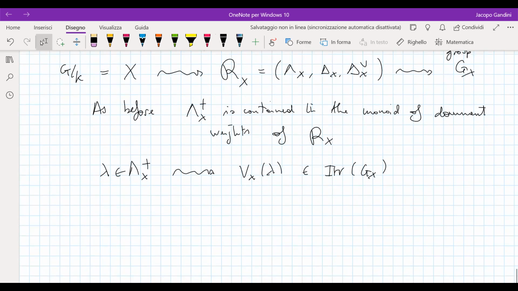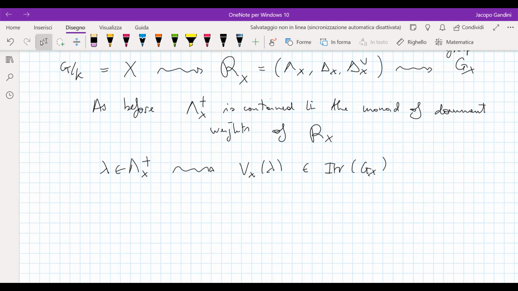So before, let's give an example of a non-symmetric example. Okay, so we take X equal to SL5 over SP4. So it's not that different from before, but the group has increased. Now it's SL5. Before, the symmetric case would be SL4 or SP4.